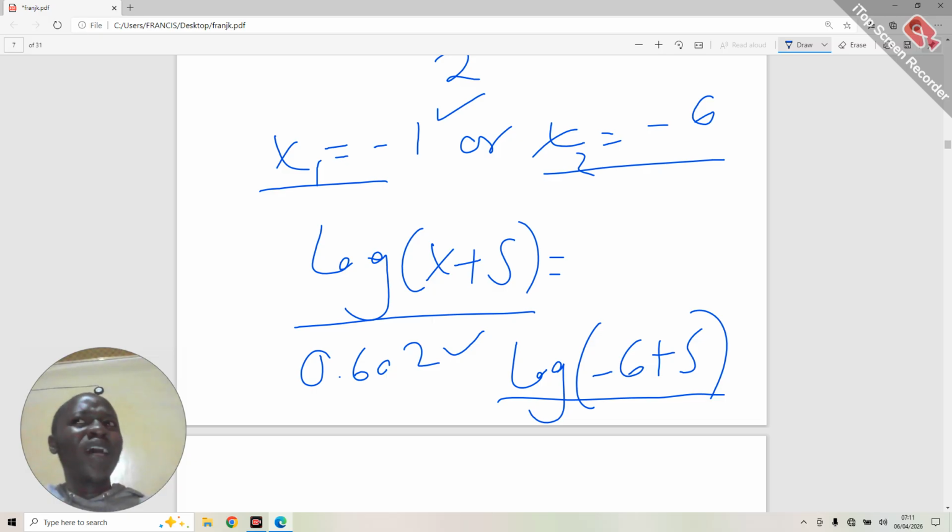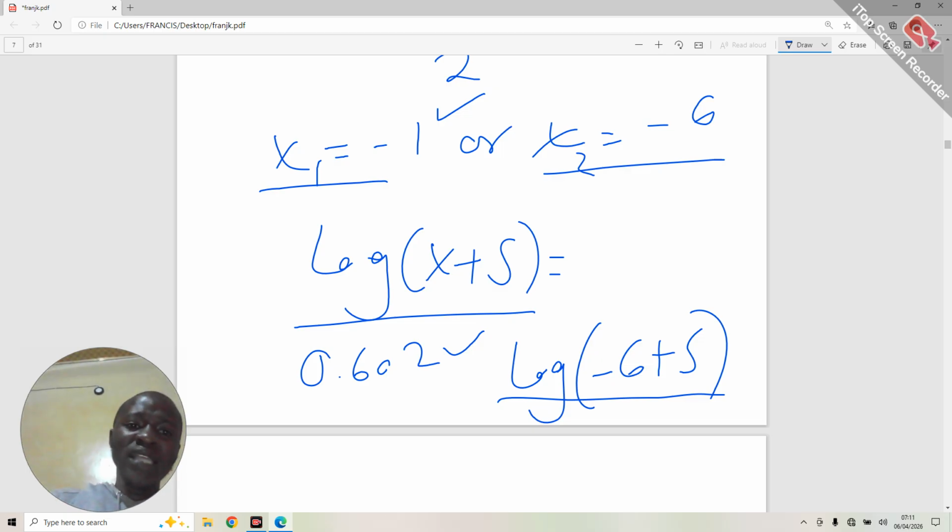So all logs should be positive for you to work with them. Like, you can't have log negative 5. Log negative 5 gives a math error. Log of any negative number is a math error. So make sure you go back and confirm which is the right answer between these two.